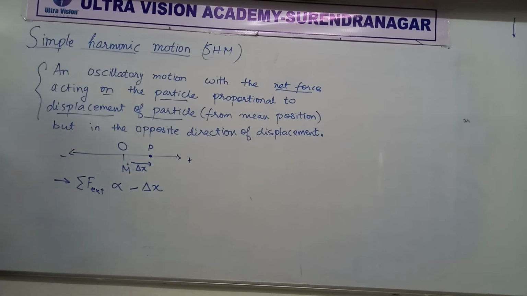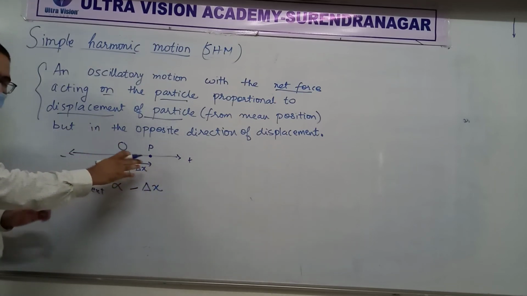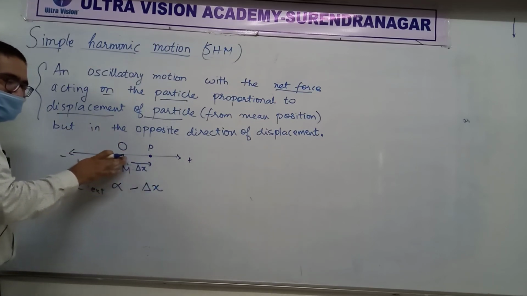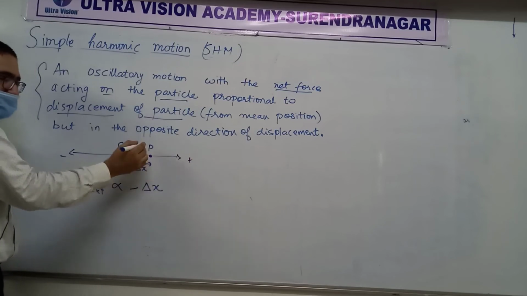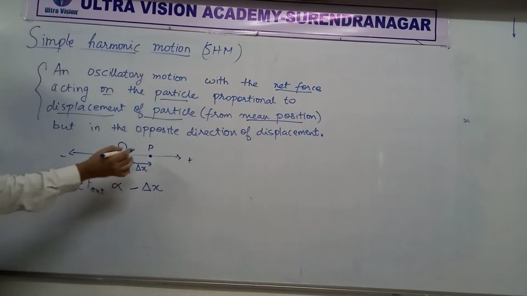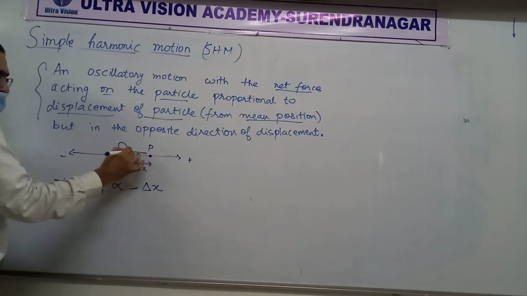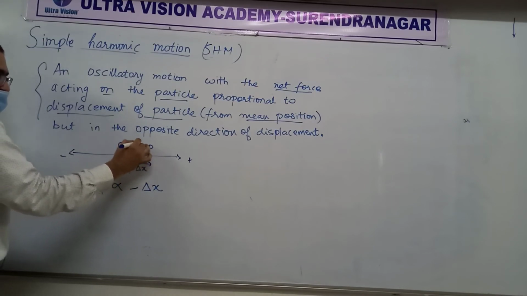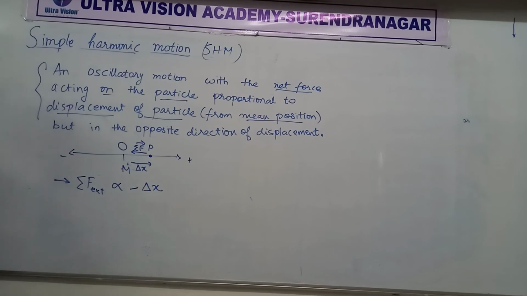So for example here, the displacement is towards the right side, from O to P. Displacement is measured from mean position. Then the total force on it has to be towards the left side.